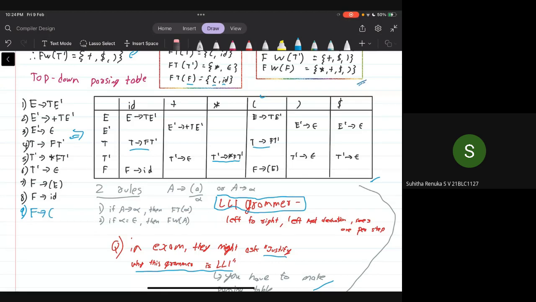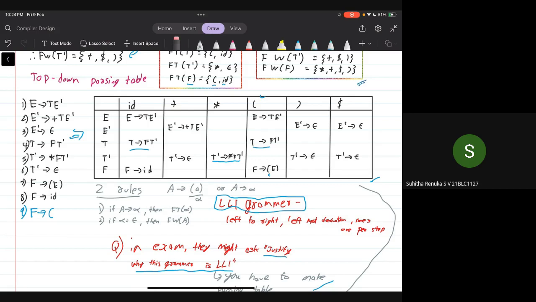Then you have to write it under the same cell. When you have two entries in a single cell, it is an invalid LL1 grammar. It is not an LL1 grammar.